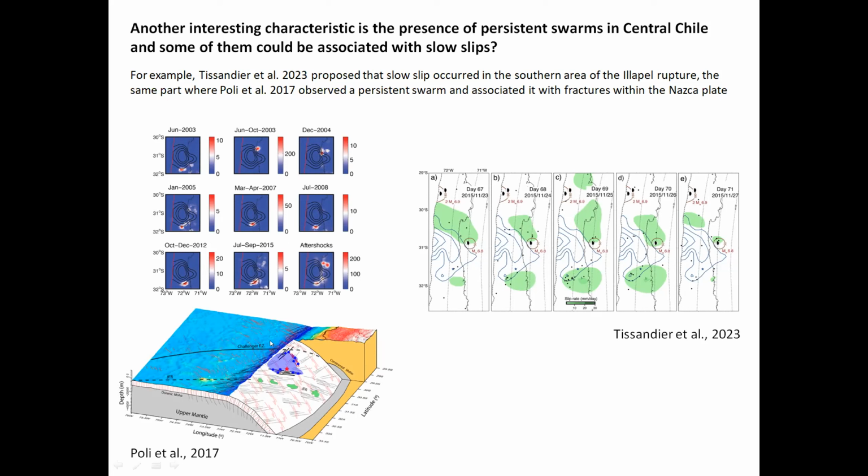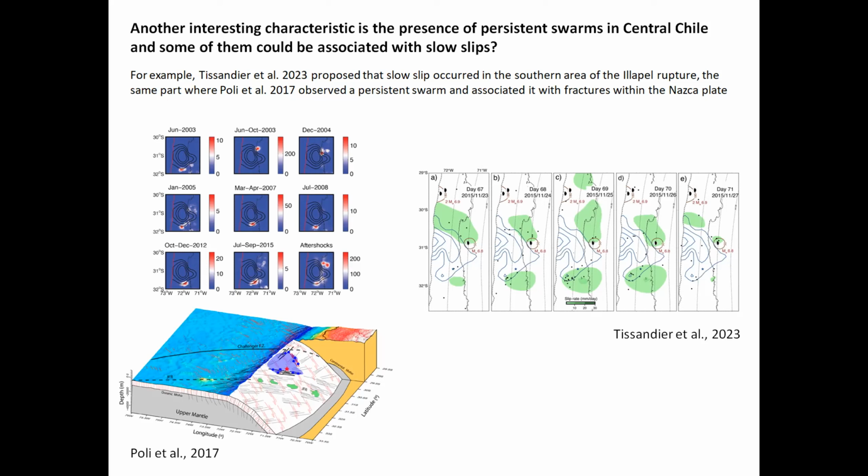Then another hypothesis that maybe we can discuss and try to prove is that these persistent swarms could be associated with more hydrated zones in the plate interface, and maybe they are more hydrated because there are some fractures in the Nazca plate that have hydrated sediments, maybe because this is very regular.